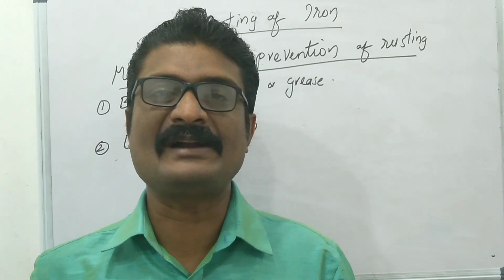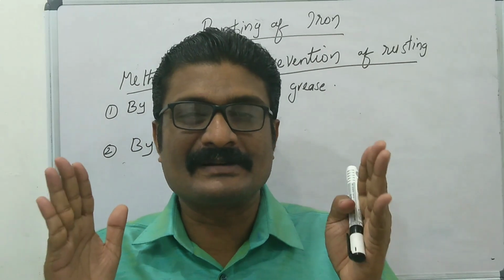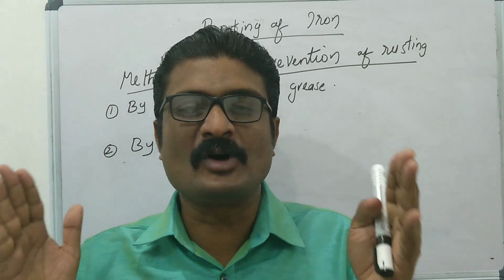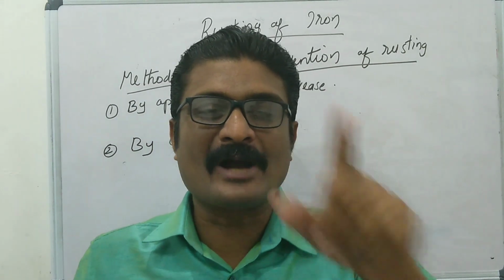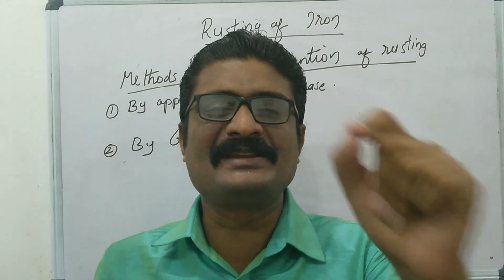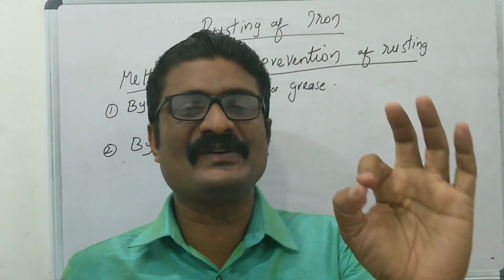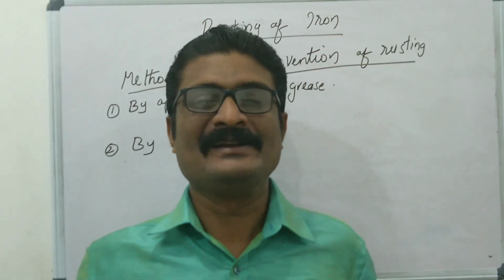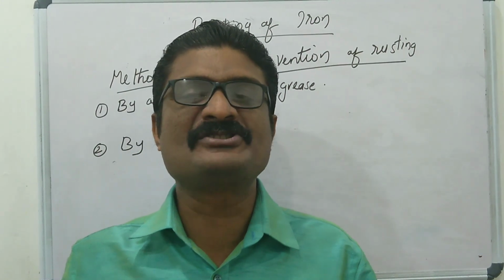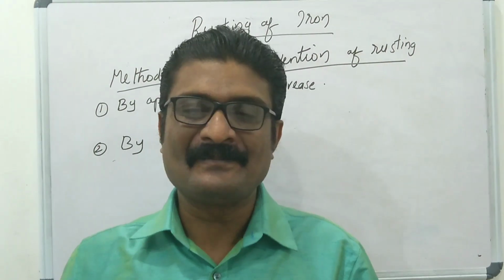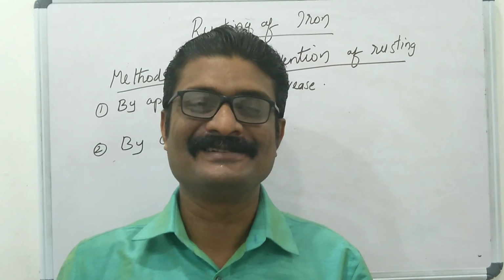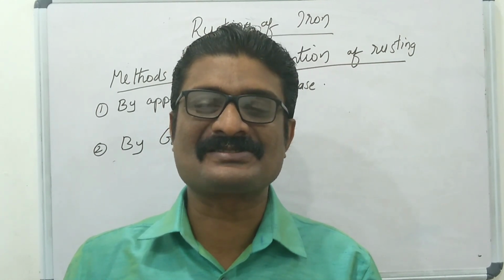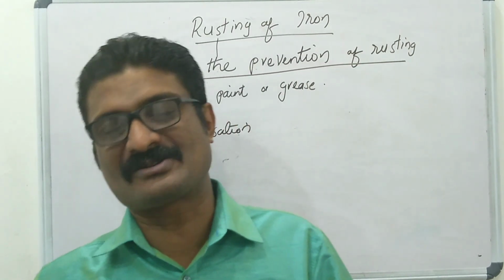What is meant by rusting? Rusting is the formation of brown powdery material on the surface of iron in the presence of moist air. What is meant by rust? Rust is nothing but iron oxide.